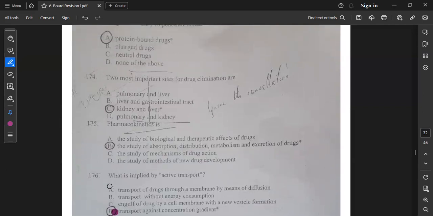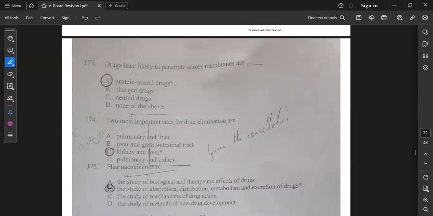Pharmacokinetics is the study of absorption, distribution, metabolism, and excretion. Two most important sites of drug elimination are kidney and liver.